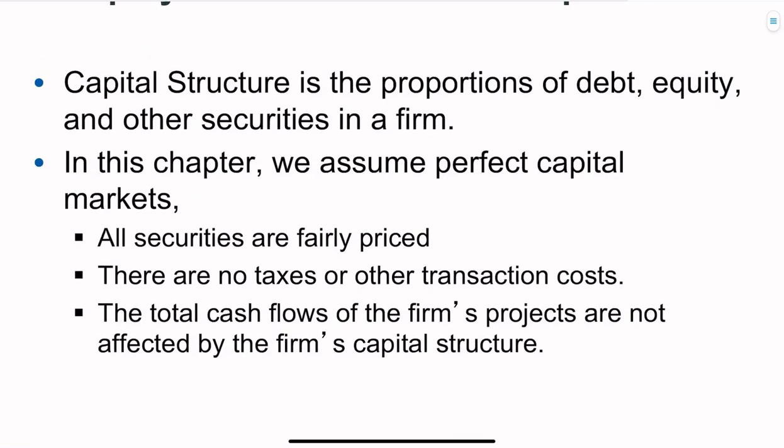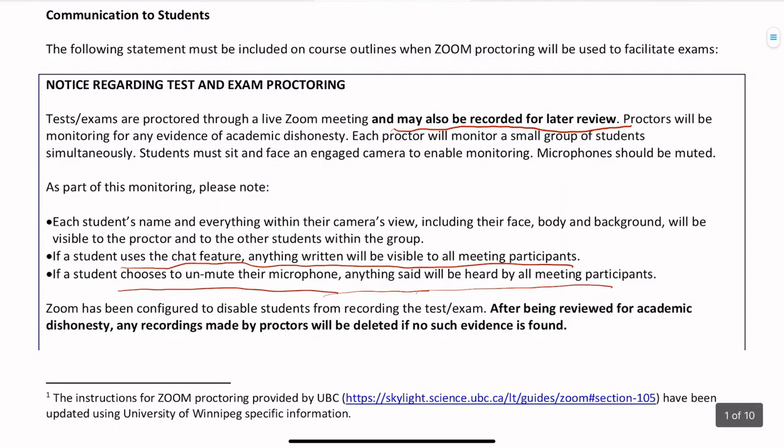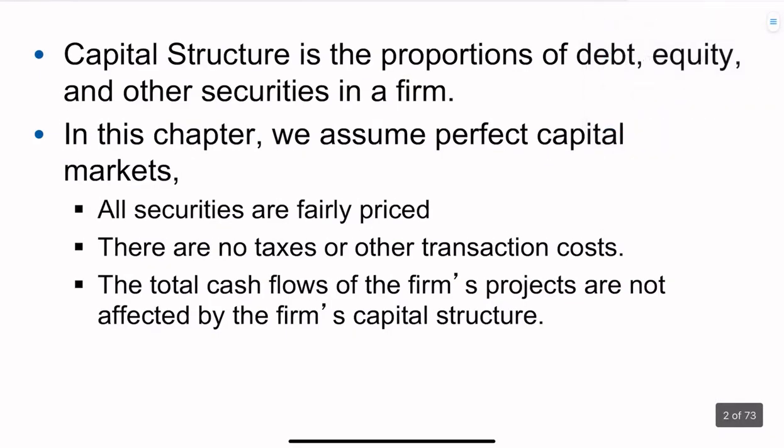In this chapter, we will assume a perfect capital market. Now, what kind of assumptions do we need to satisfy this perfect capital market? First, we need all securities to be fairly priced. This essentially says there are no arbitrages in the market.